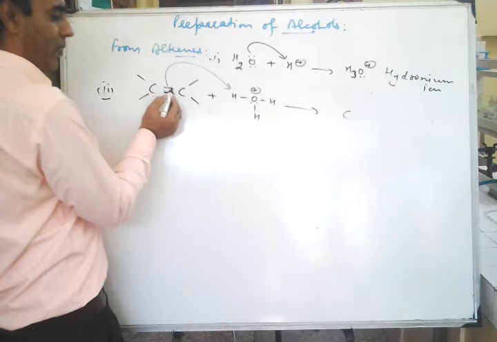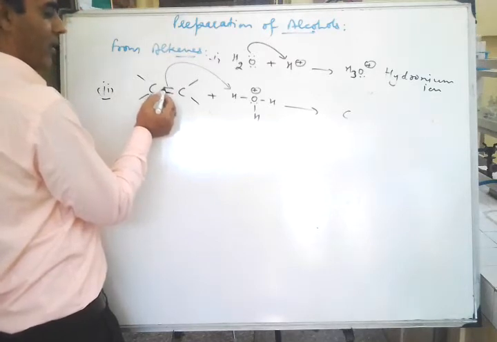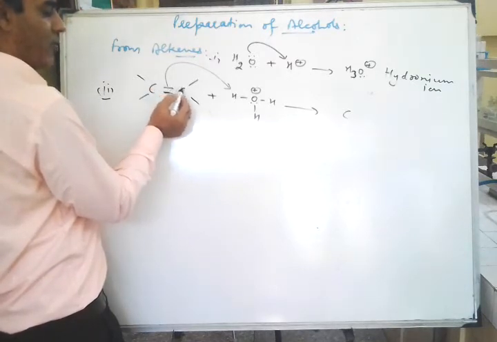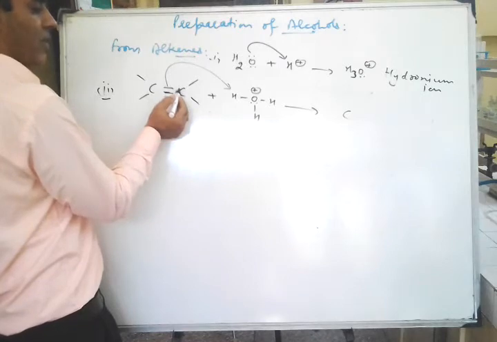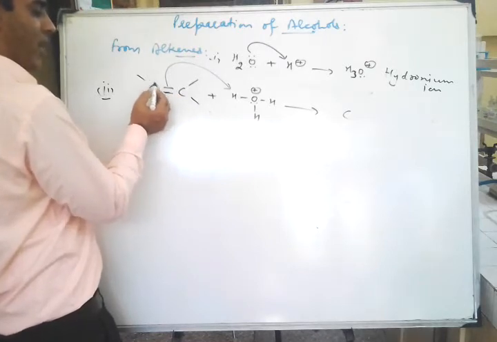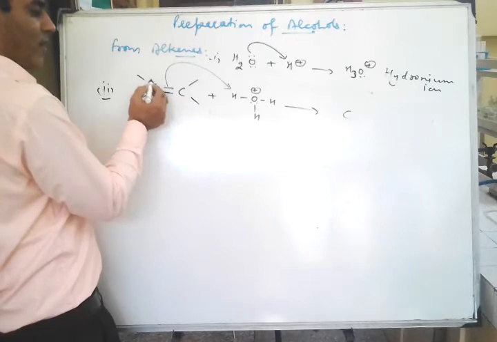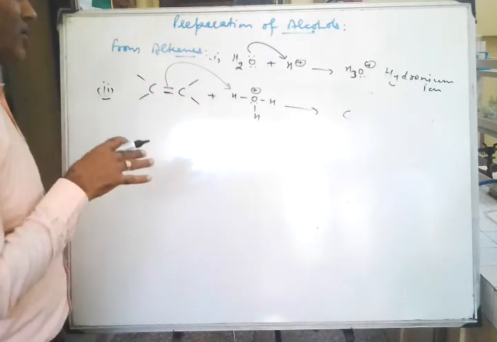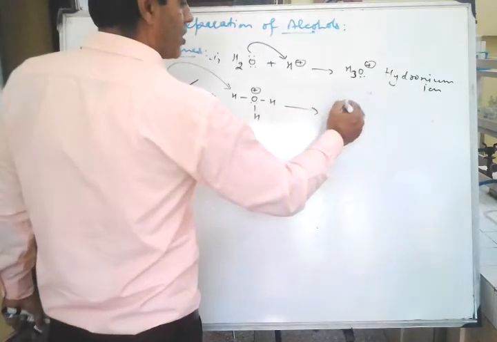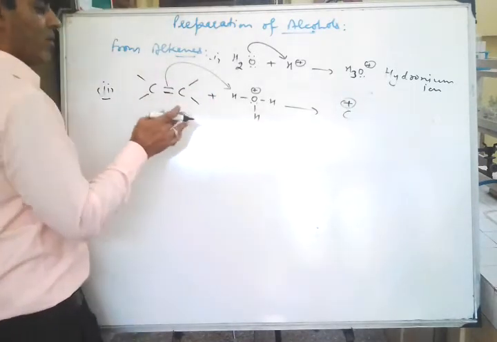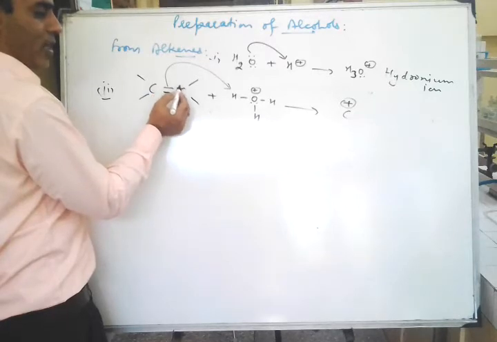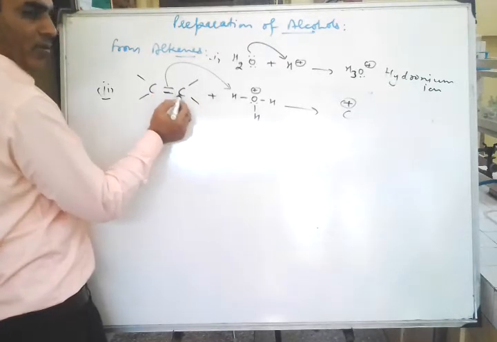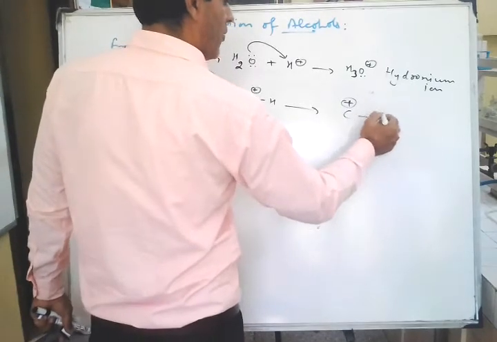Because this double bond carries two electrons, one electron is of this carbon and one electron is of this carbon, and when this bond breaks, these two electrons come here, then this carbon atom loses its electron, so this carbon will acquire positive charge. So we can show positive charge here. Now, because of the movement of these two electrons here, this acquires negative charge, so the H plus ion from this will get bonded to this. You can reverse it also.